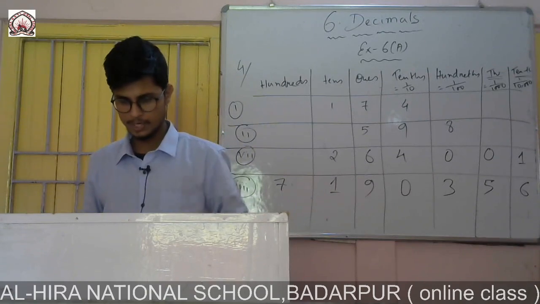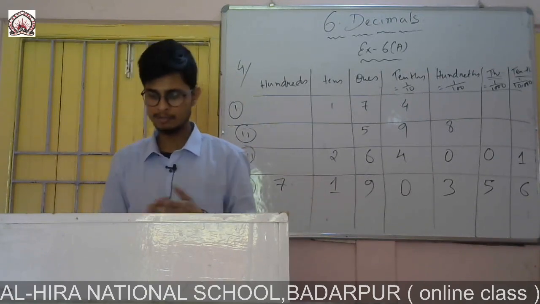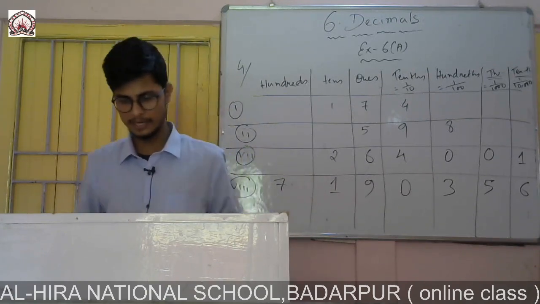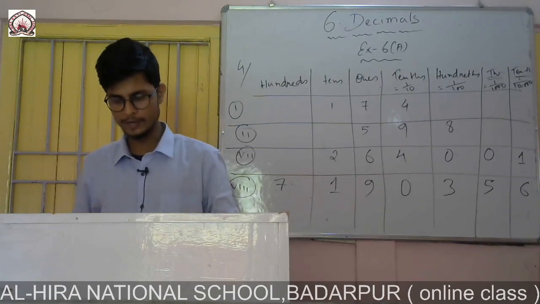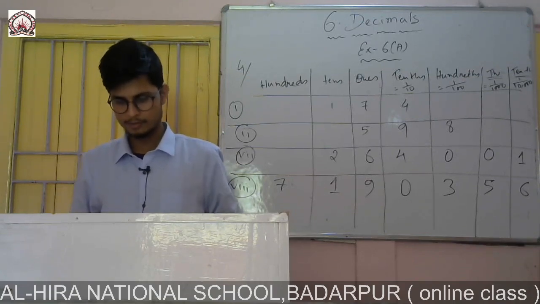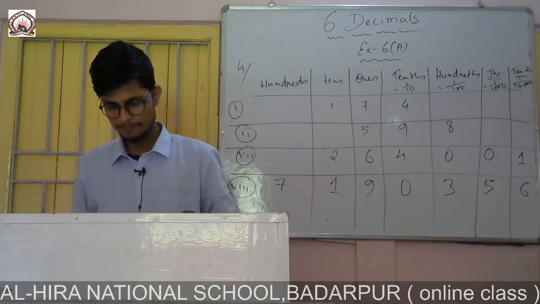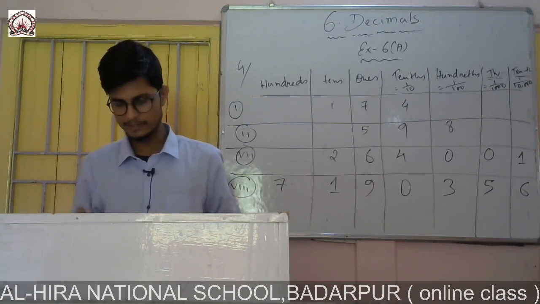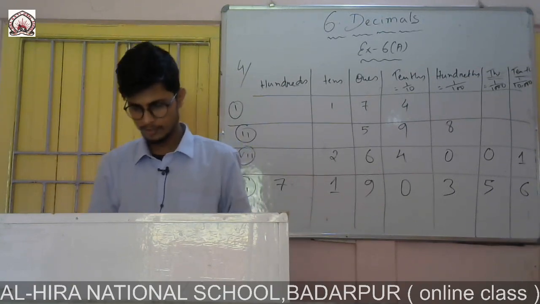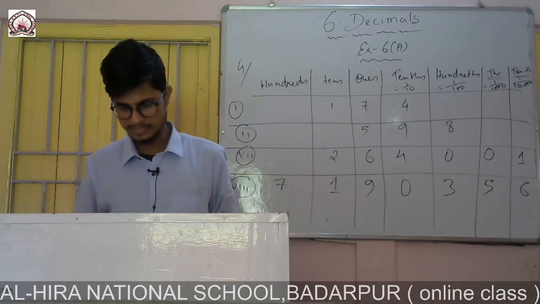Okay, now question number 5 you see, write down the place value of the underlined digits in each of the following decimal numbers.